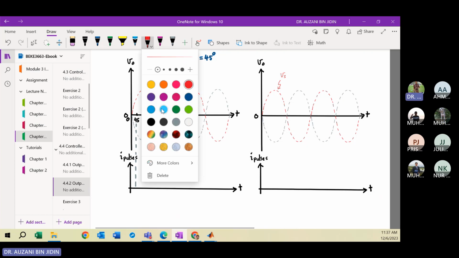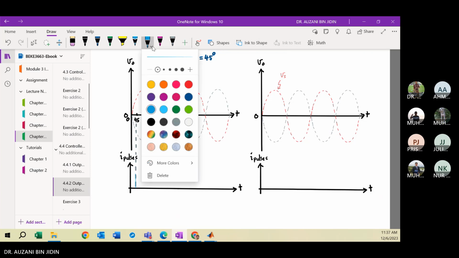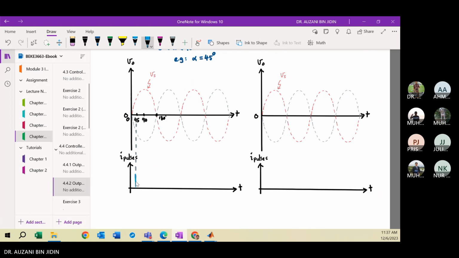So you inject the current pulse here, for S1 and S2. Once you inject the current pulse here, your output voltage will be the same as the source voltage, Vs.